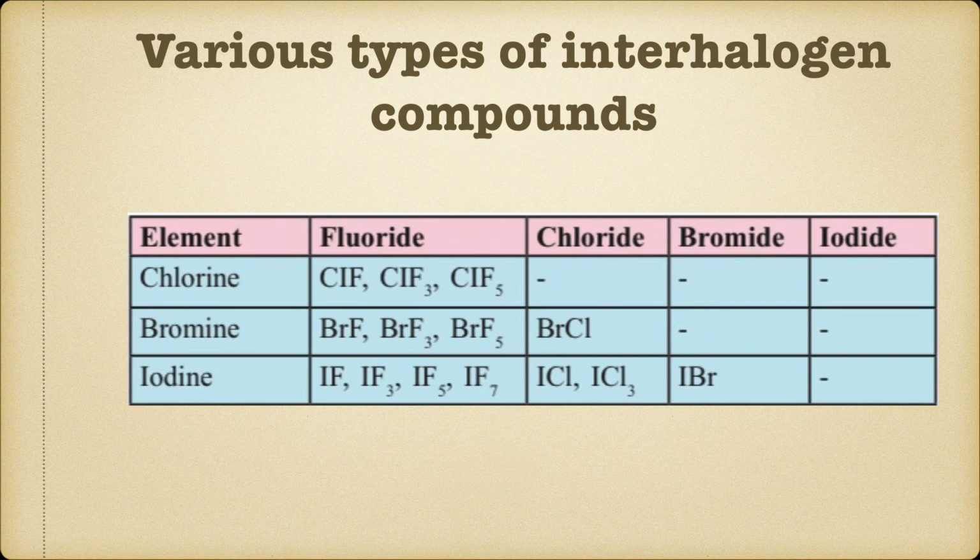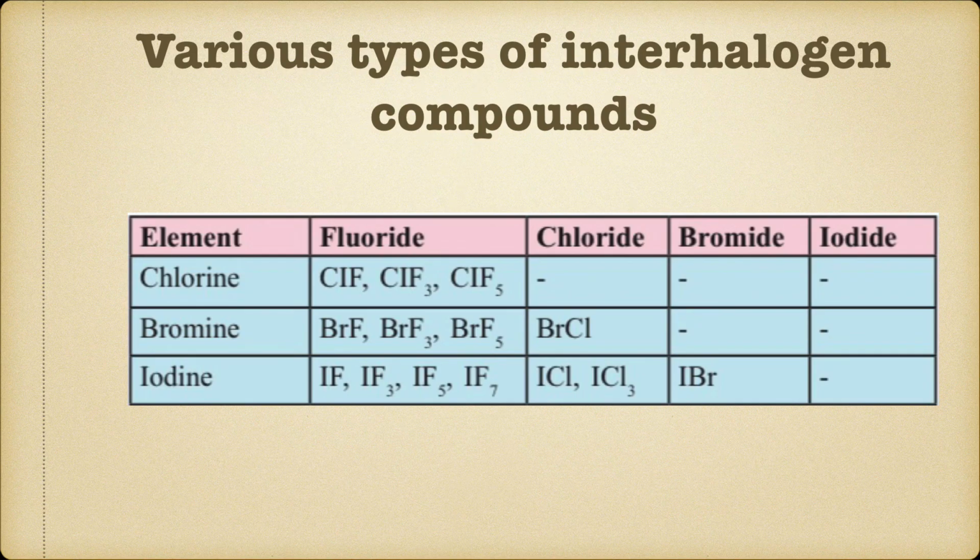Now the examples for fluorides of bromine. Similar to chlorine, they are BrF, BrF3 and BrF5, called bromine monofluoride, bromine trifluoride and bromine pentafluoride.